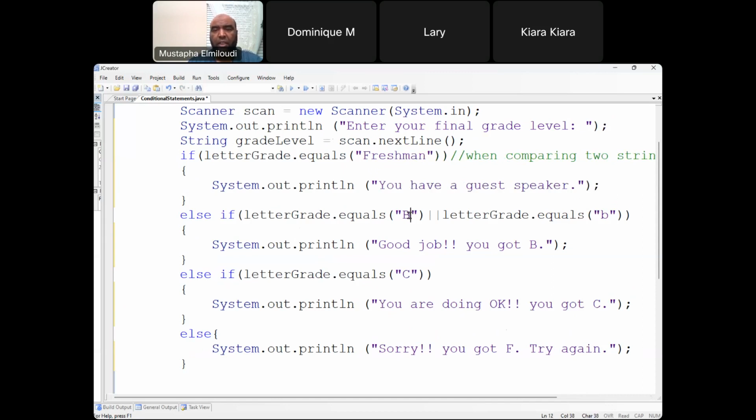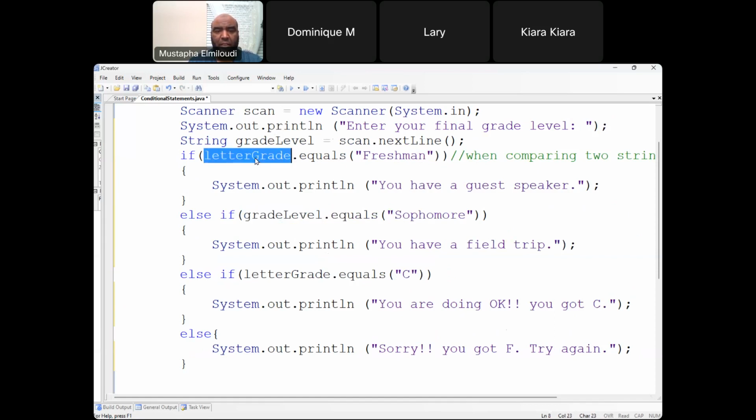Okay. Then I'm just going to delete this. I don't need it. I'm just showing you, like, you can use or. If you are sophomore, then I'm gonna say, okay, you have a field trip, for example. You have a field trip, okay? And then I need to fix this because now it's grade level, and then grade level, and then grade level.